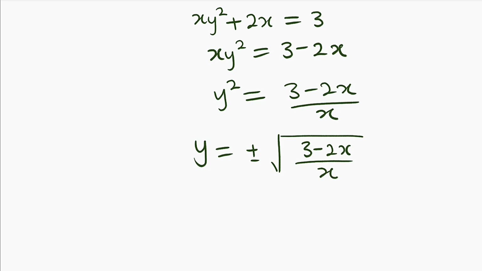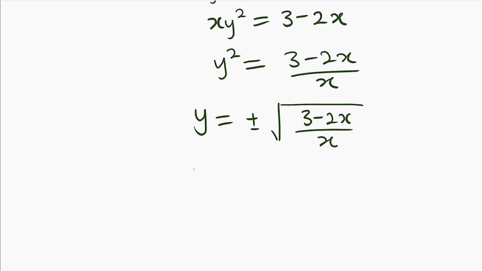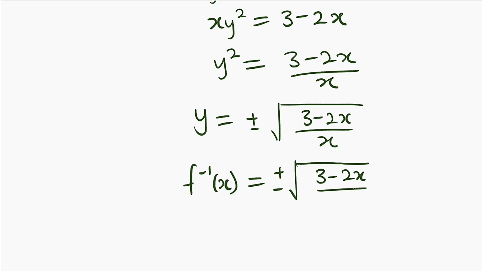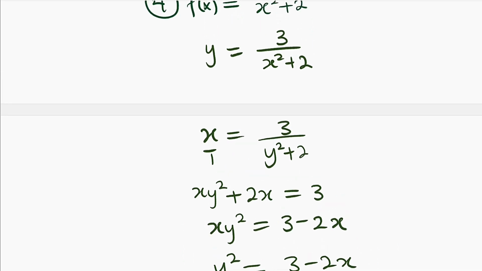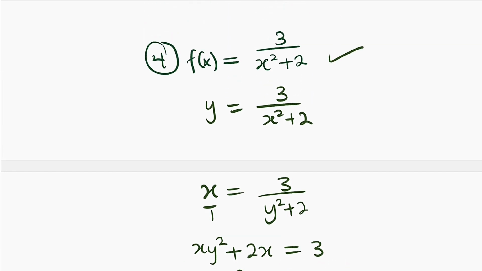And finally, we are going to replace y with f inverse of x. F inverse of x finally is plus or minus square root of 3 minus 2x divided by x. This is our inverse function, if and only if this is our original function.